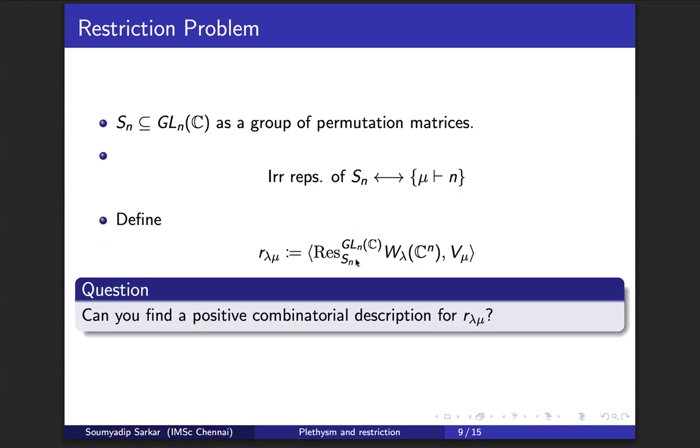Then you can ask: if you take a Weyl module for GLn and restrict it to the symmetric group Sn, it will break up into irreducible representations of Sn, right? And then you can ask how many times a particular representation V mu will occur inside this. So the question is: can you find a positive combinatorial interpretation for these restriction coefficients?